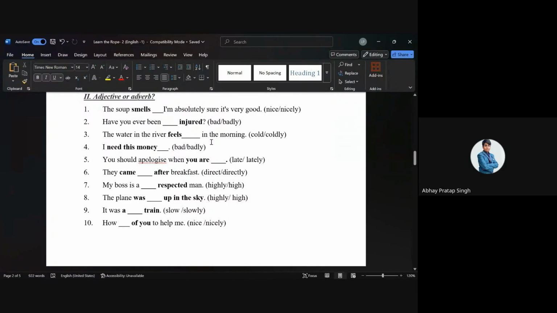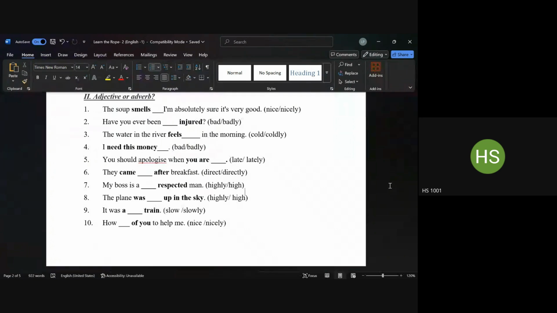Cold. Feels cold. Smells nice, feels cold. Again, adjectival usage. Feels cold in the morning. Fourth one: I need this money badly. Badly. I need this money badly.